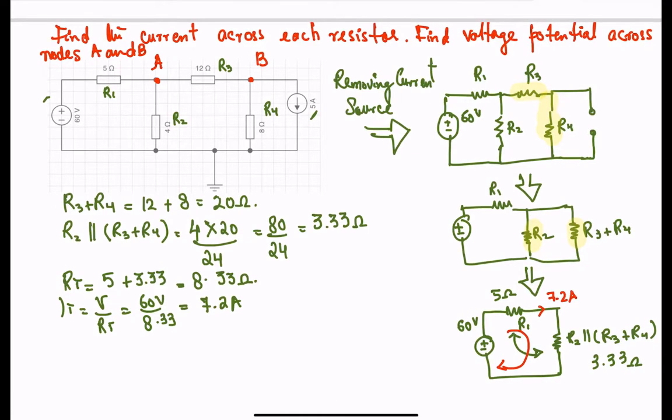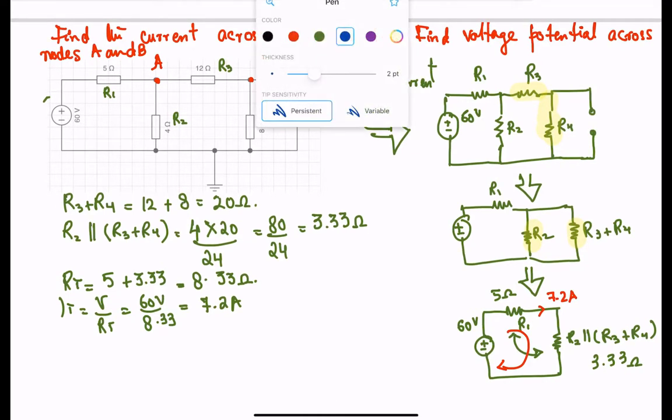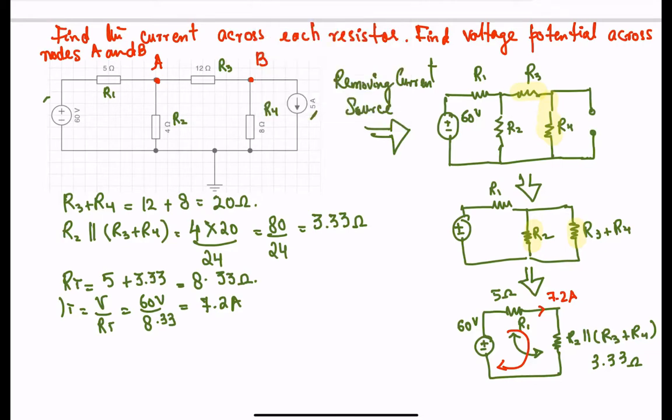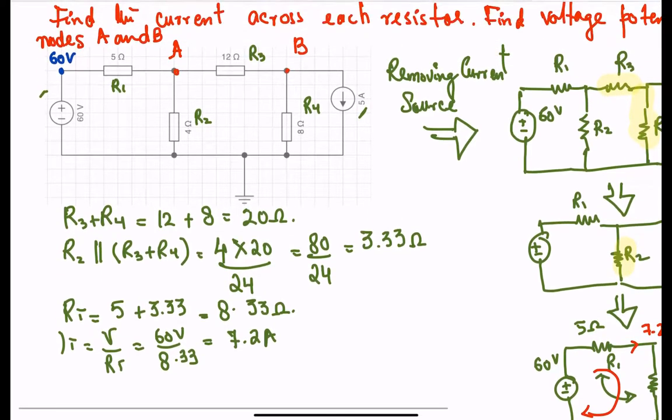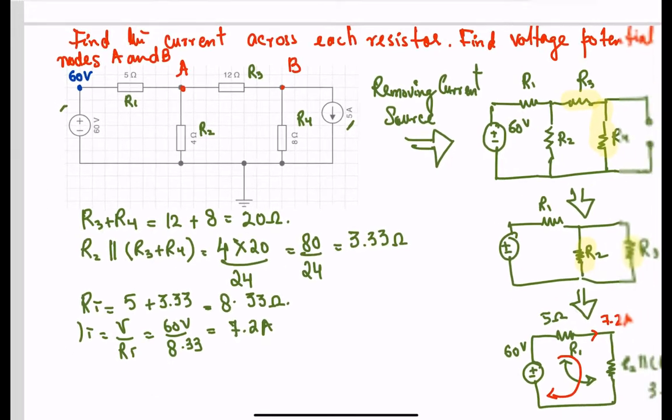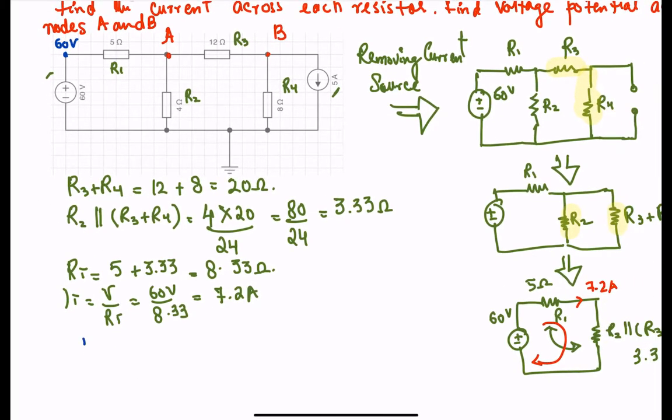Notice here that at this node over here, you will have a voltage of 60 volts, and your VA is going to be equal to this voltage 60 minus the voltage across this resistor over here.